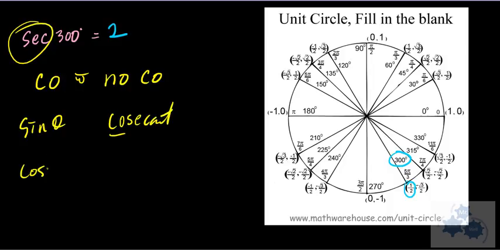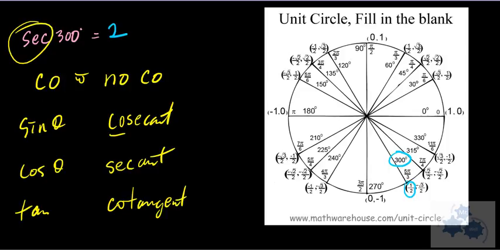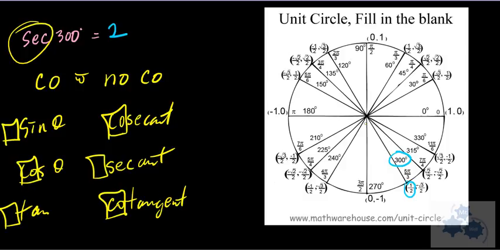If we have a cosine, that always goes with no co, secant. And if we have tangent, that's got no co, so it's got to go with co-tangent. Here's no co and co. Here's co and no co. Here's no co and co. They always go together. That's how you memorize that.